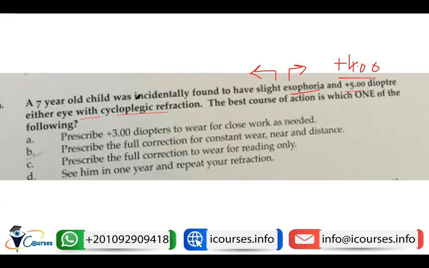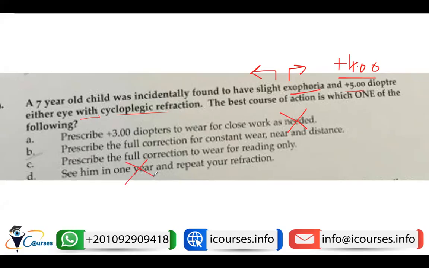So the best suitable answer regarding this scenario: prescribe +3 diopter to wear for close work as needed. There is nothing in this context called as needed. It is either needed or not needed. We either want to stimulate the patient's accommodation or to relax it, but there is nothing called as needed. See him in 1 year, again, this is not a true answer, because there is no room for this very distant follow-up.